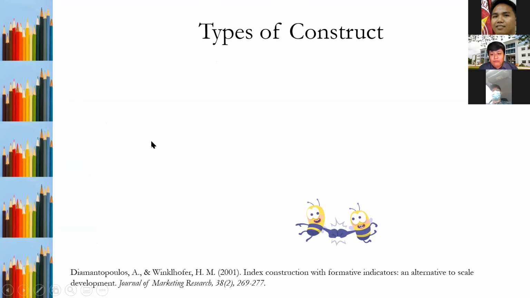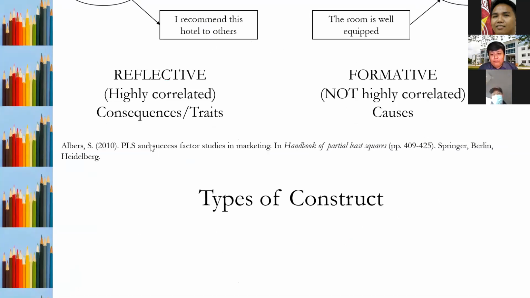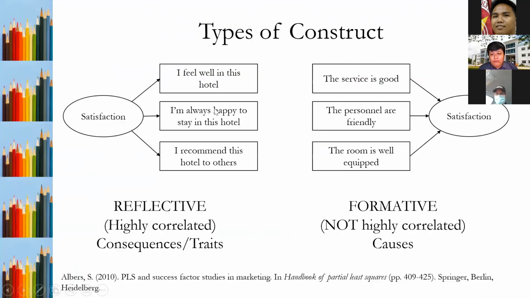Let's go back to our previous example. Okay, look at this one. These are the items for satisfaction wherein we treated satisfaction reflectively. If I will be omitting, for example, one of these 3 items, let's say I will remove this one, I feel well in the hotel, instead, I will be measuring satisfaction only by these 2 items.